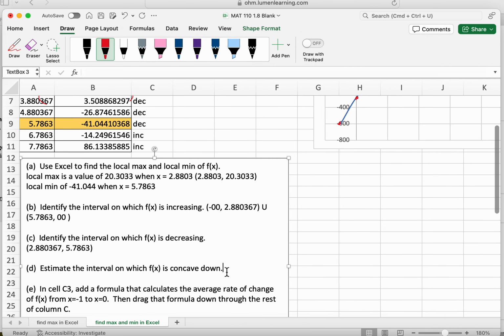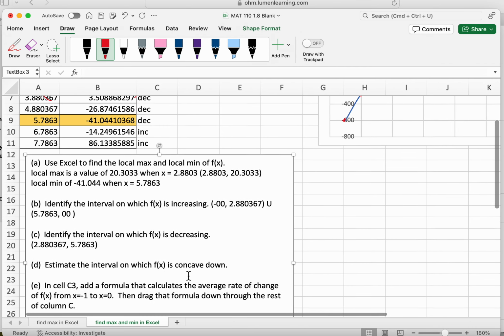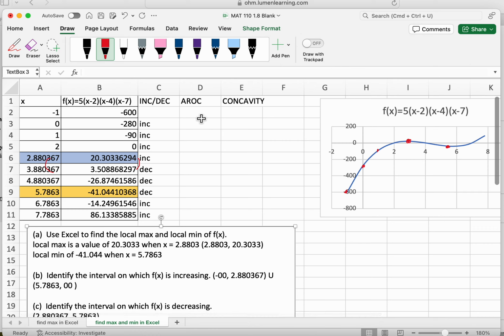And so now if I'm going to estimate where it's concave down, well, I need to look at my average rate of change. So I'm going to do an average rate of change calculation. Concavity happens when I change from concave up to concave down, is at my inflection point.